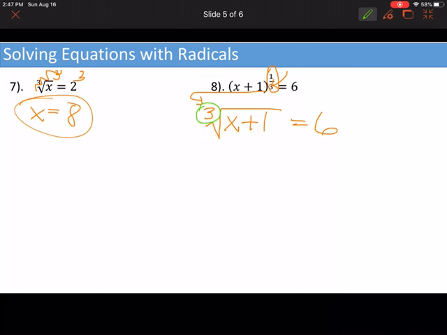If it was 9, you take it to the 9th power. This is 3, so you're going to take it to the 3rd power. Does the root and the power undo each other? So 6 times 6 is 36, times 6, I believe, is 216. You can double check on your calculator.